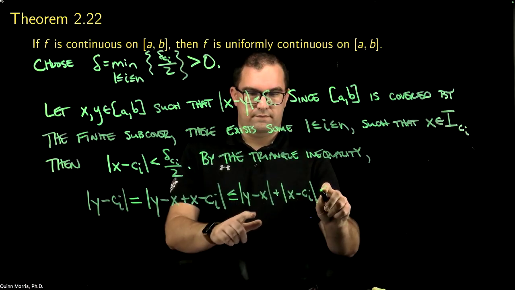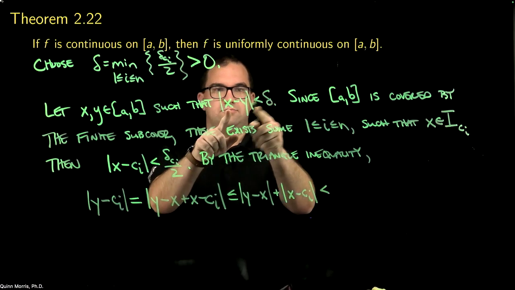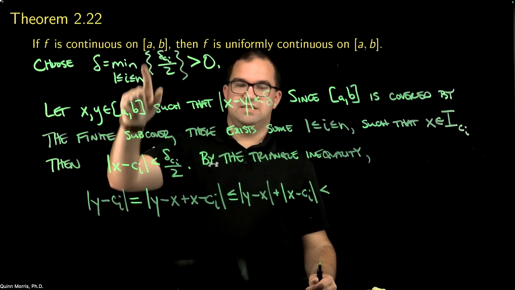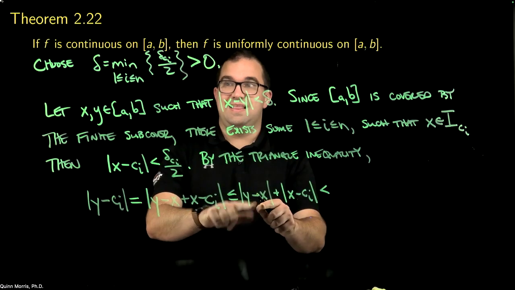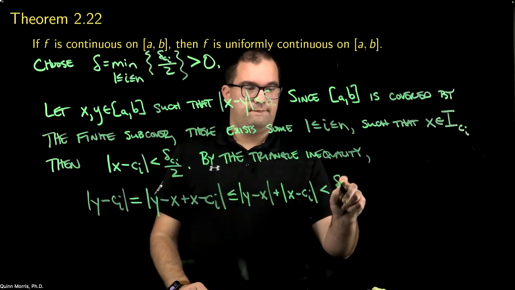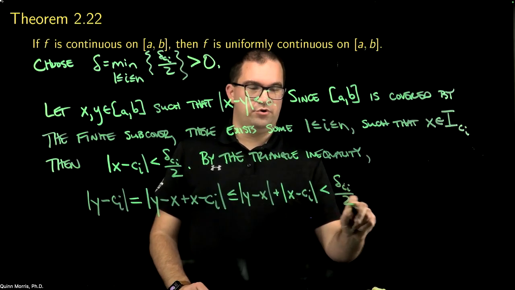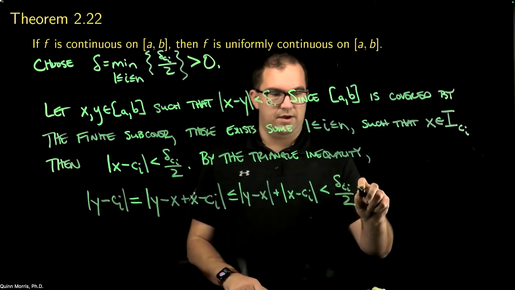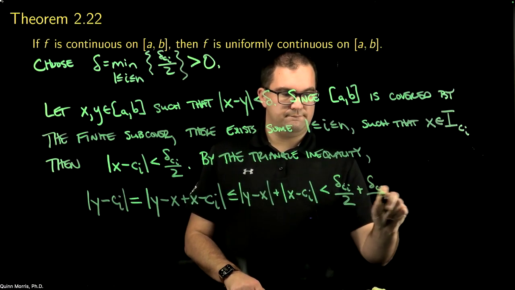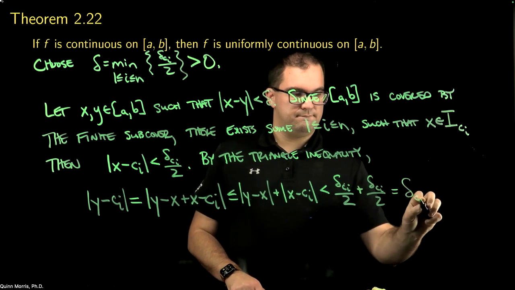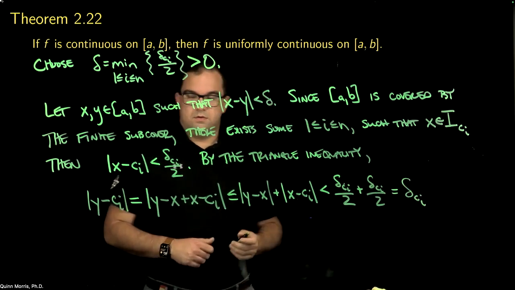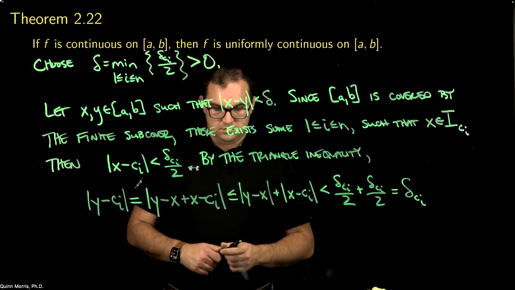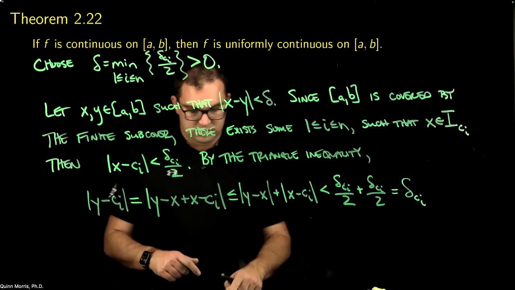I know y minus x, by assumption, is less than delta, and delta is the minimum of all these things, so this is less than or equal to delta c sub i over 2. And this value is strictly less than delta c sub i over 2.